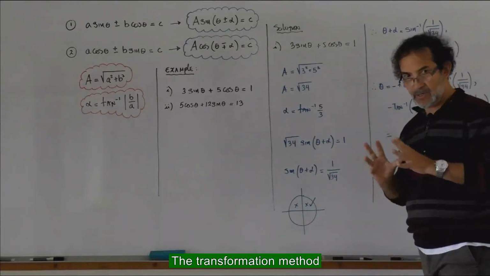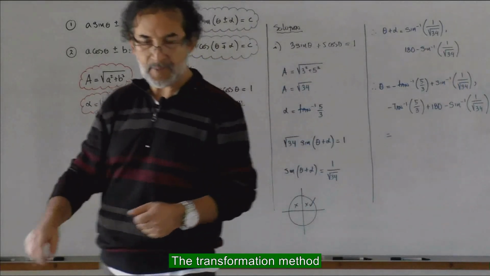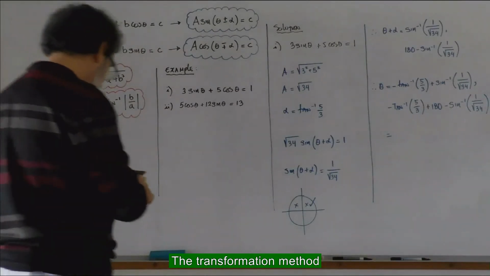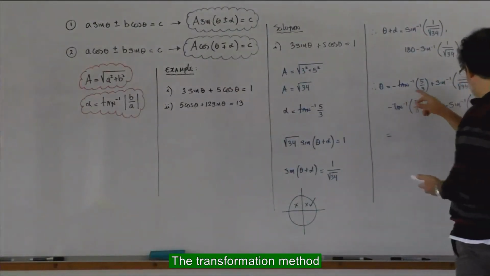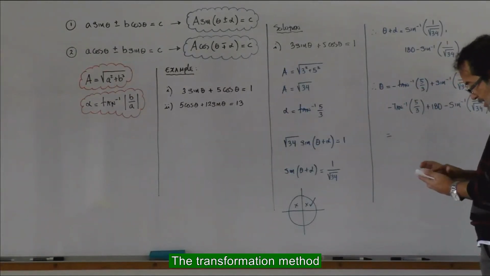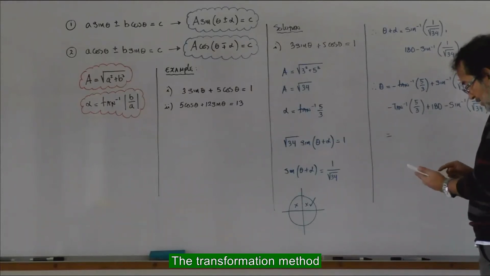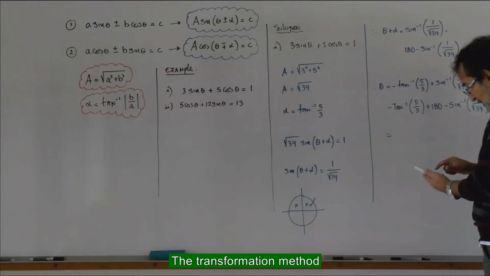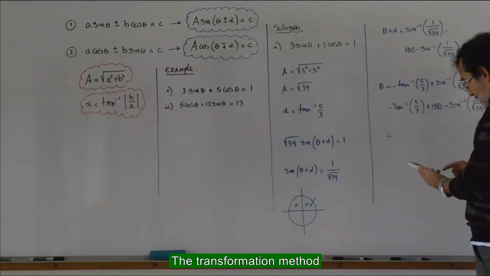So I'm going to go and grab my calculator. Okay, so let's put these numbers in the calculator. We have negative inverse tan of 5 over 3, and then plus inverse sine of 1 divided by the square root of 34.